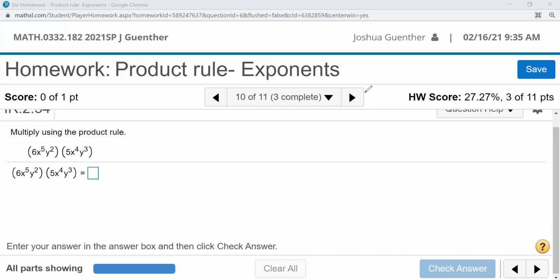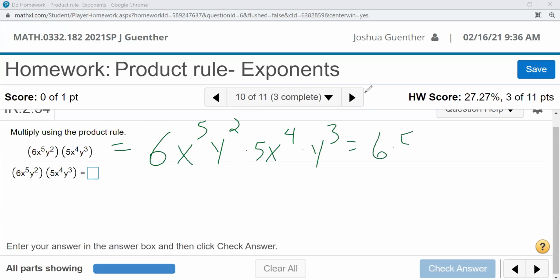Over here, group things together. You can drop the parentheses entirely here. Rearrange the similar terms together. 6 times 5, put those together. X to the 5th and x to the 4th, put those together. You can rearrange because everything's just being multiplied and you have that commutative property. Then arrange the y's together.